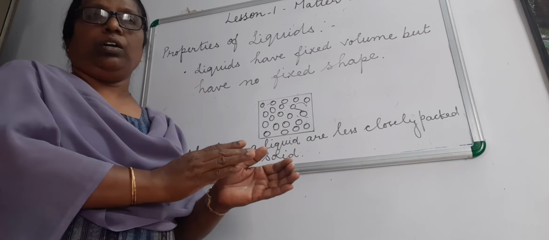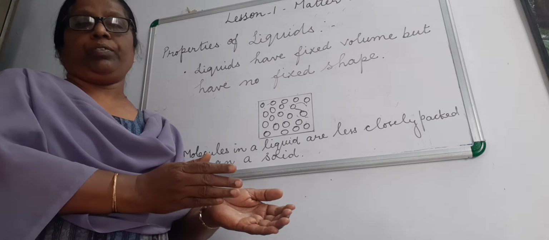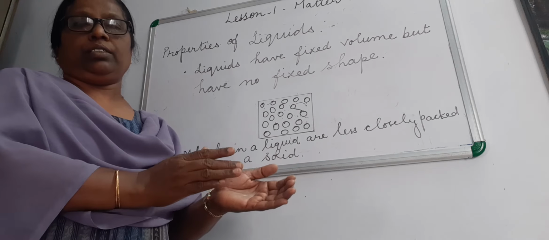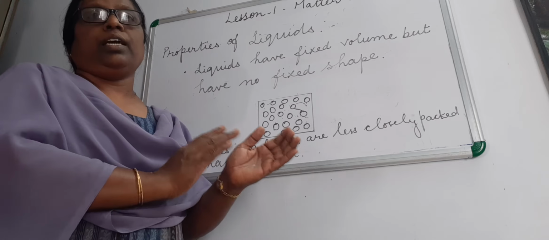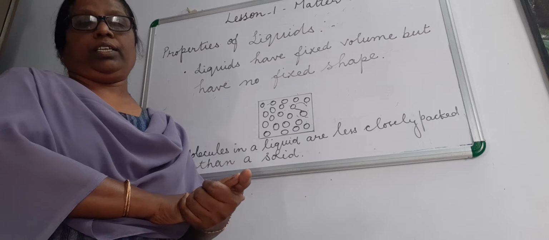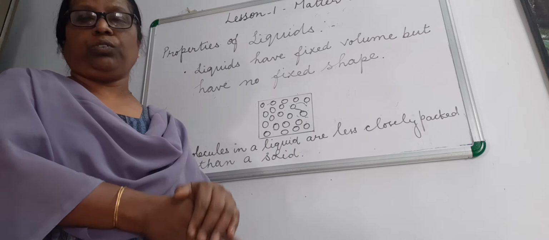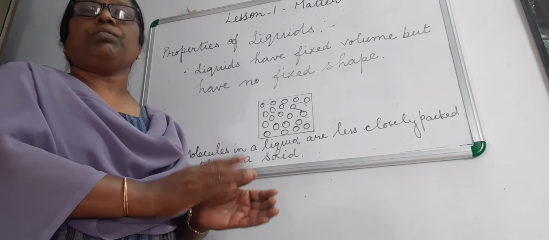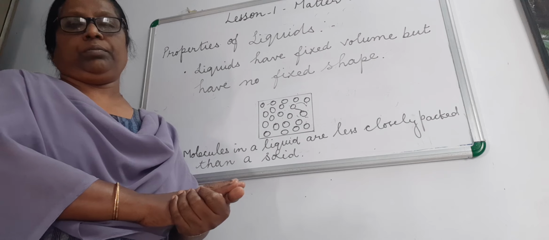Once it boils, then it goes to the other state, that is called vapor state. So after boiling, there is vaporization. The liquid boils, then changes into vapor. This process of conversion from one state to another is called vaporization.